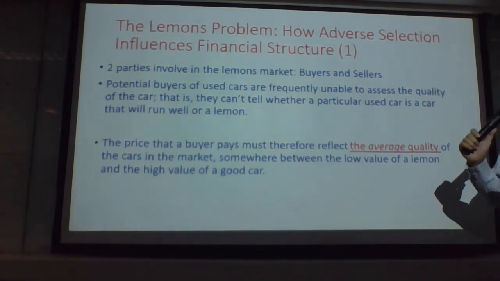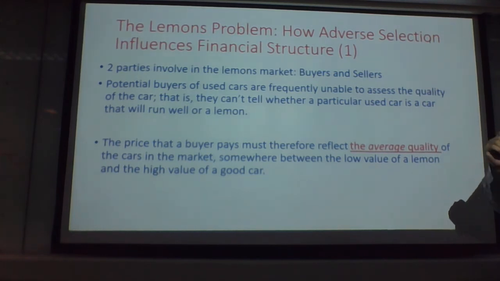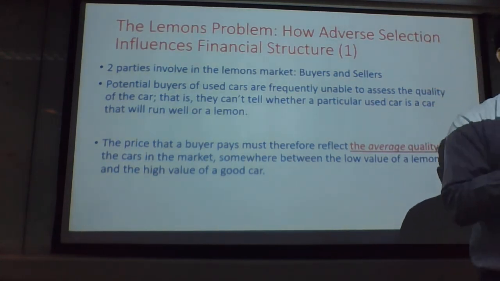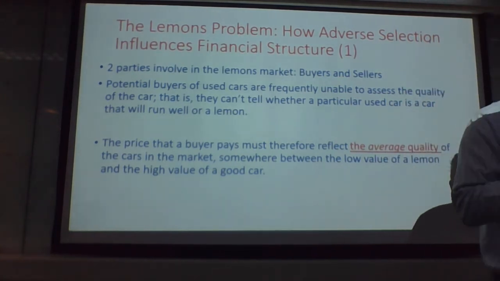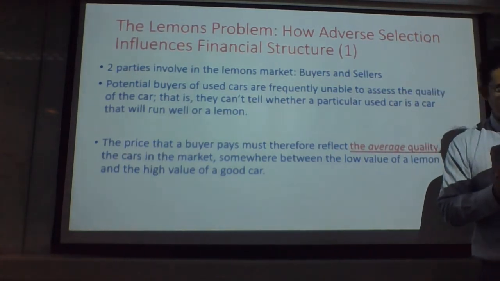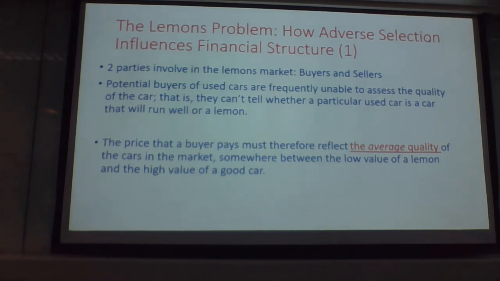In the textbook they use the market for used cars, the second-hand car. In fact, when we talk about the lemon market, we mean the market for low quality goods. We call them lemons.